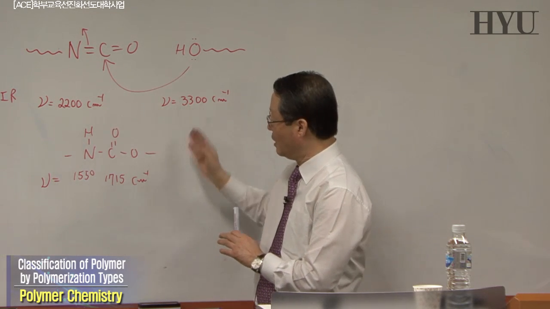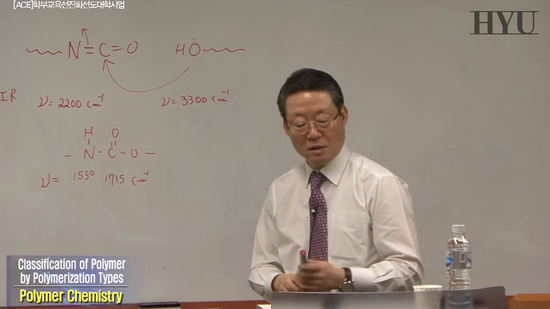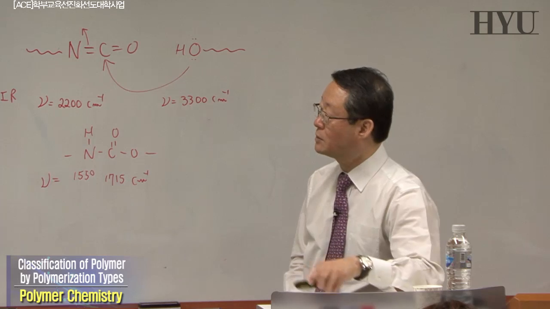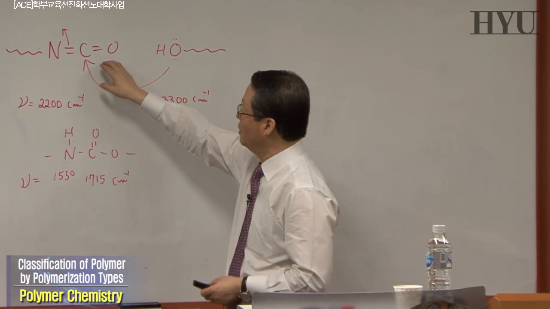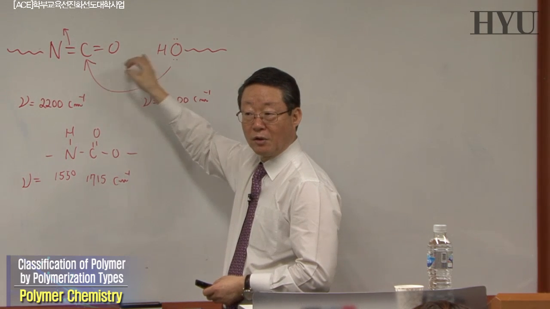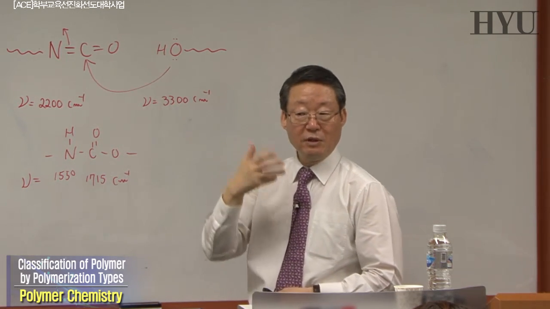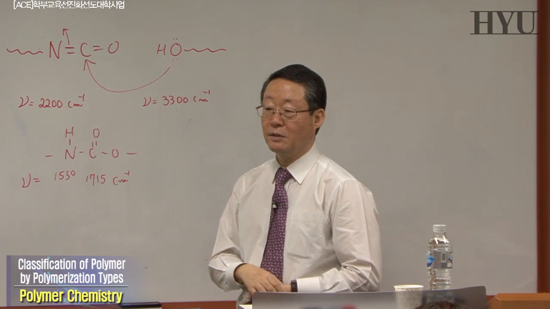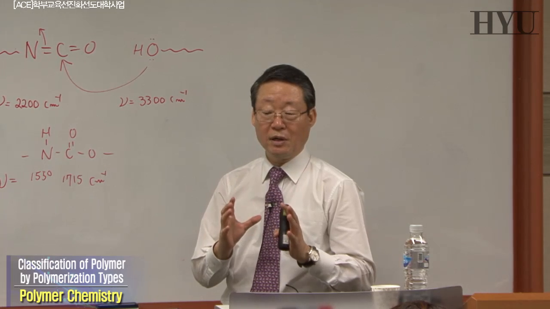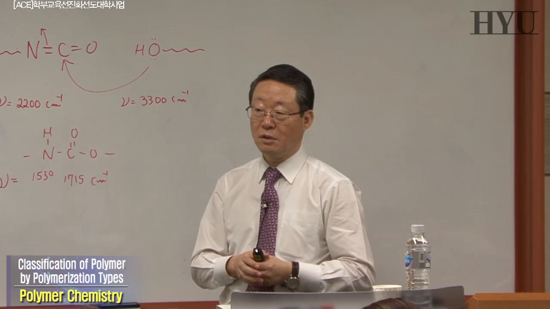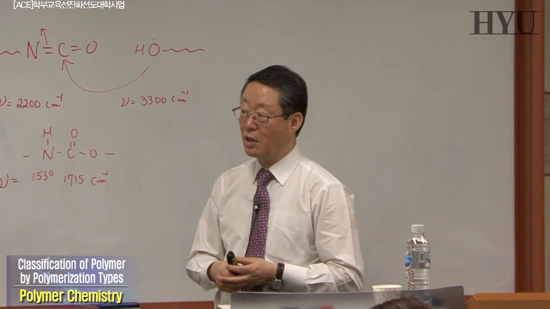So by looking at these IR peaks before and after reaction, you can confirm your polymerization reaction. The isocyanate is very reactive with water or with hydroxyl groups, or with the water even in the air. Okay, so you have to keep your isocyanate in very dry conditions. Otherwise, this isocyanate will be completely gone.